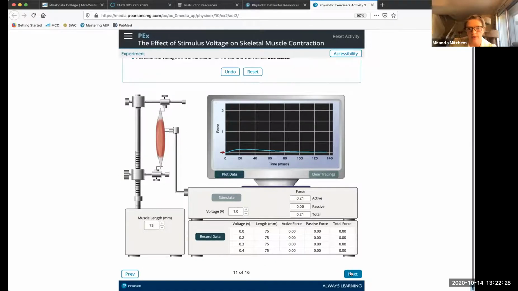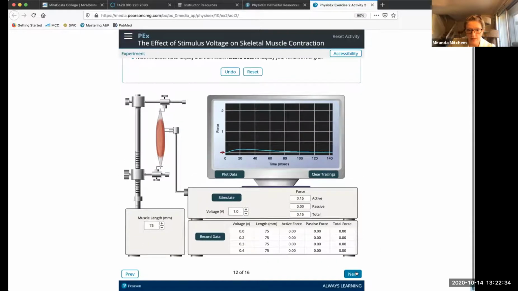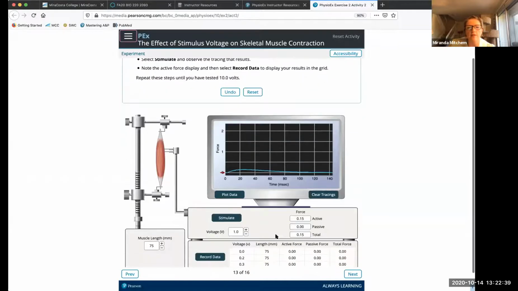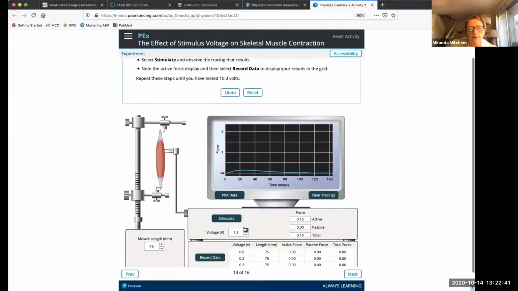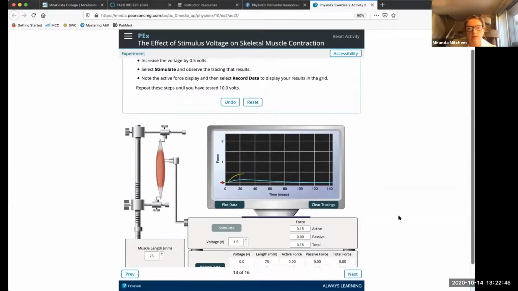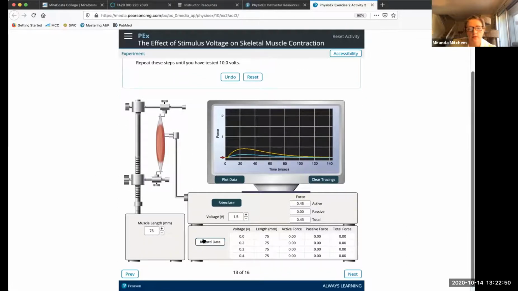We already went there. We're going to record that data. Next. Now it's telling us to increase it by 0.5. So I'm going to go to 1.5. Stimulate. Now we're getting a bigger response. Record.